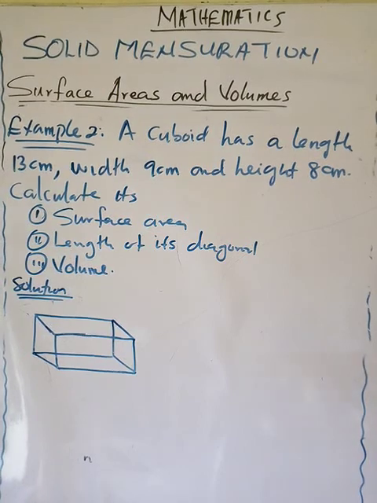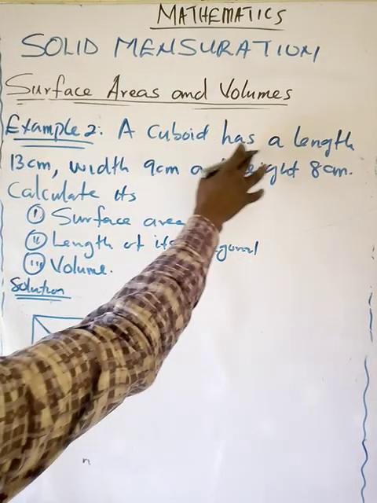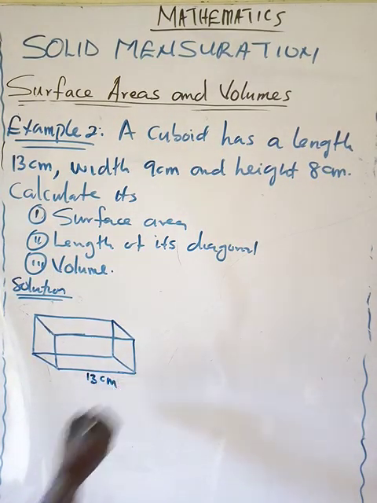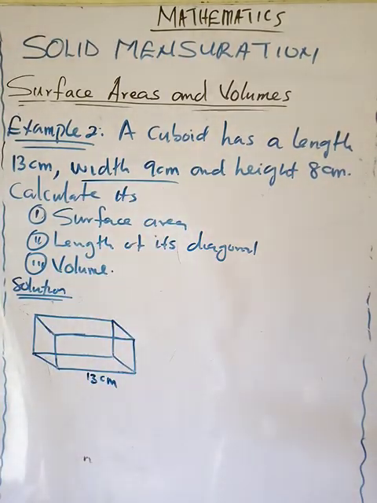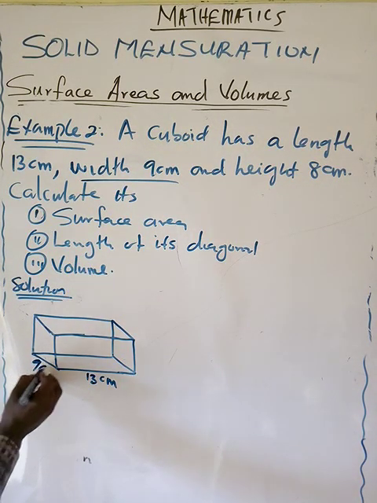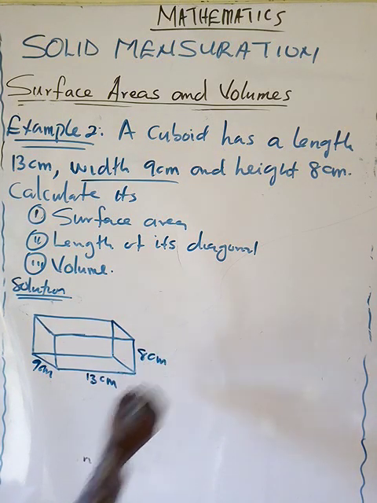So the question says a cuboid has a length of 13 centimeter, width is 9 centimeter, and height 8 centimeter.